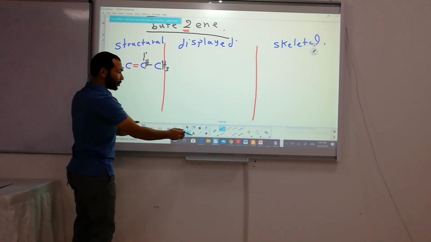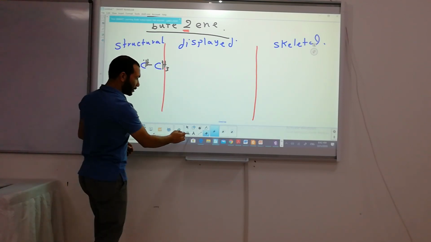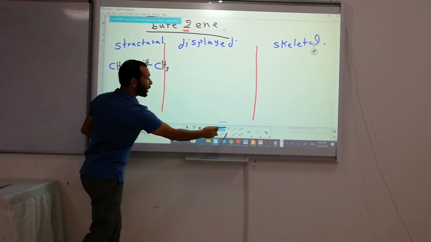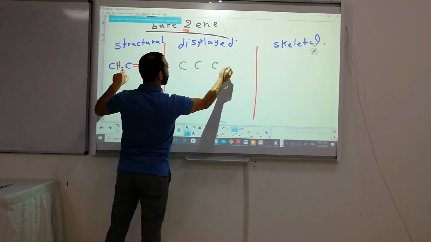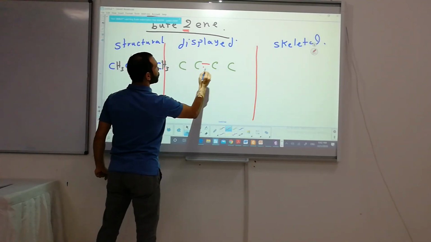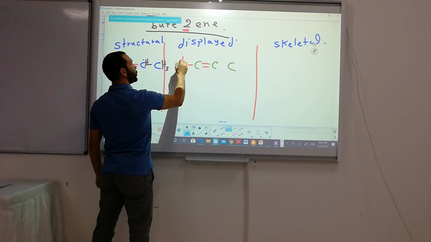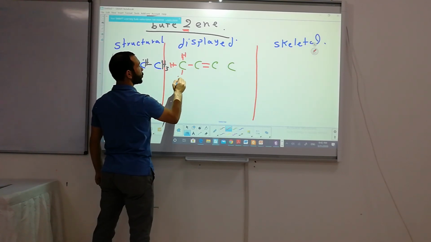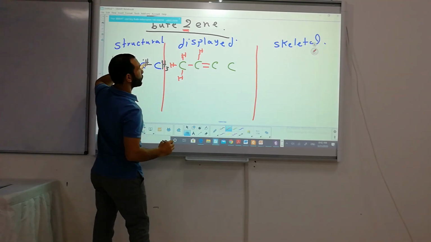I need to change this structure to displayed. Displayed, I write it here. Here is one carbon, 2, 3, 4. I write the double bond here in carbon number 2. Number 3, I'll put the hydrogen H, H, H. And here is one H for the double bond.